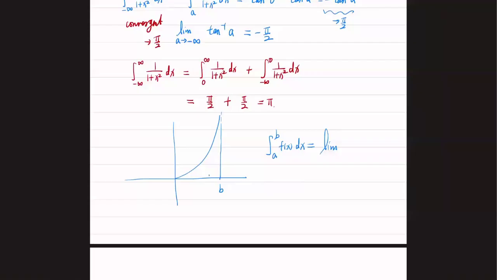We pick an intermediate point and go to b from one side. This is the second type of improper integral.